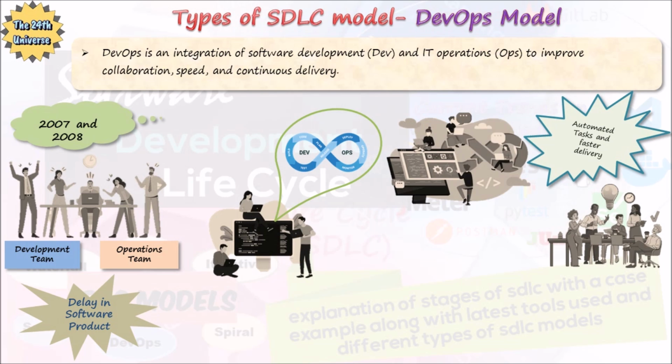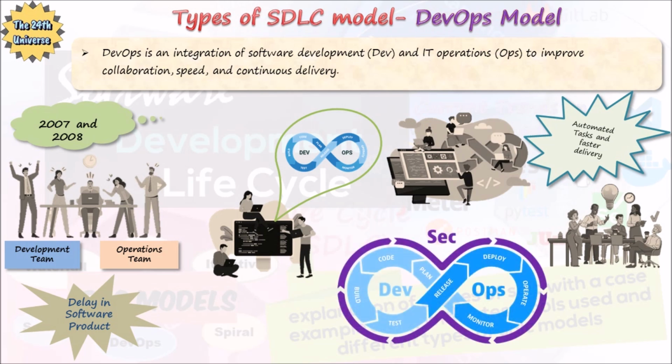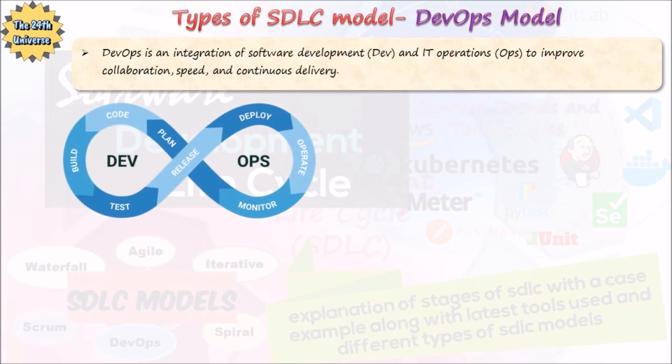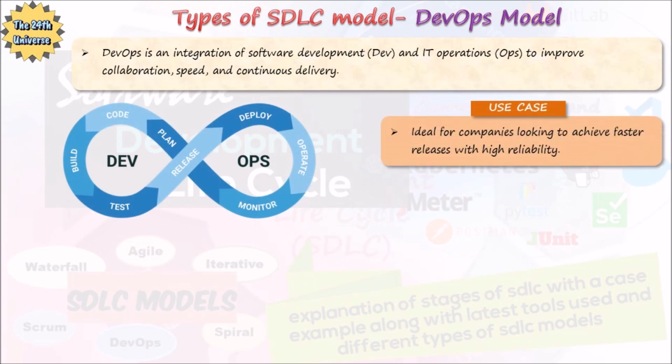There is an evolution of the DevOps methodology already, known as DevSecOps, that integrates security practices directly into the DevOps process, emphasizing the need for security to be a shared responsibility throughout the development lifecycle rather than being an isolated or a final step. DevOps is ideal for companies looking to achieve faster release with high reliability.